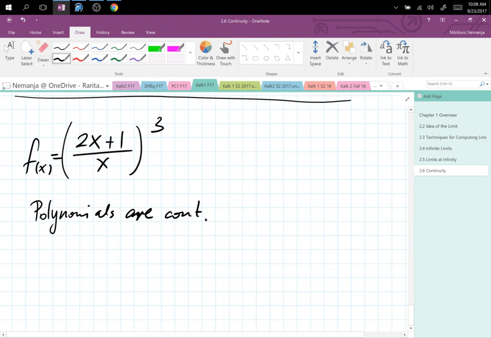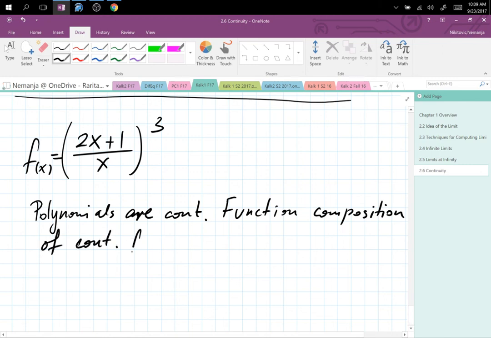So we have three polynomials over here: 1, 2, and everything cubed. They're all continuous. And then we'll say function composition of continuous functions is continuous.